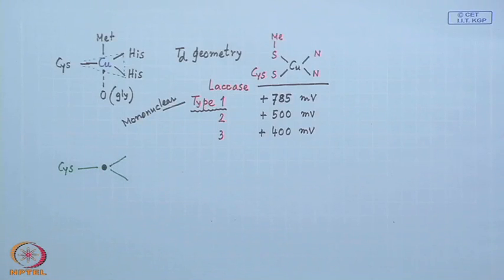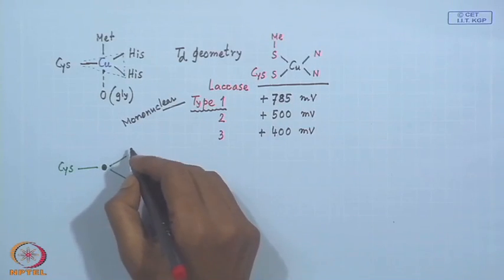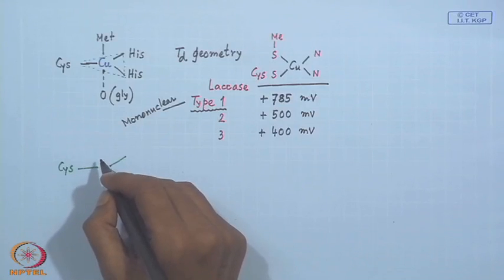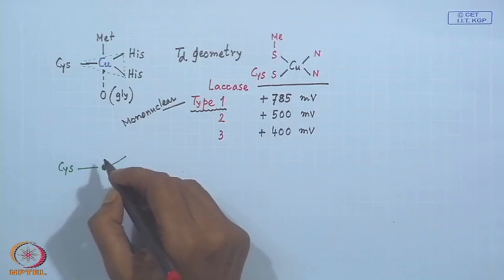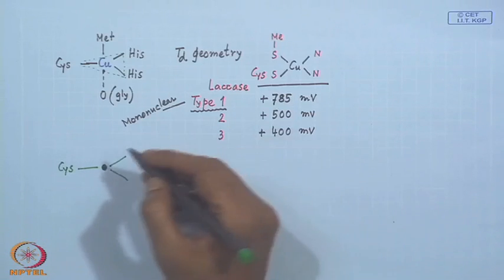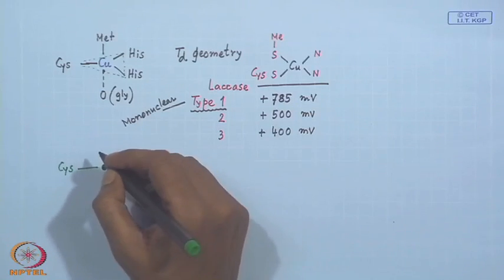And during this particular interaction, we find that you have this cysteine sulfur, so there is a typical corresponding covalency. The covalency is generated when we talk about the detailed calculations of all these molecules.